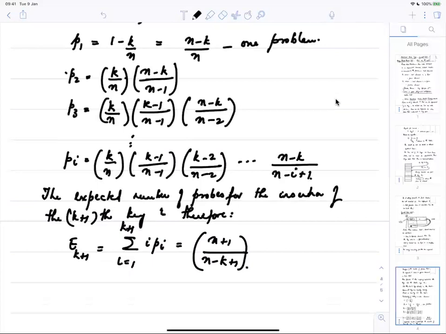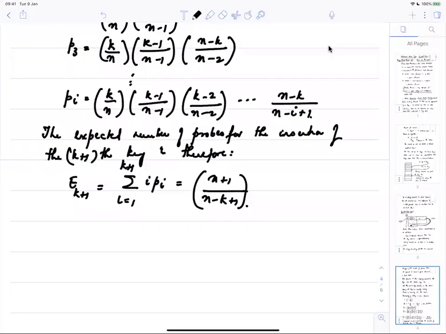So this is the expected number of probes required for inserting the k plus 1th key.